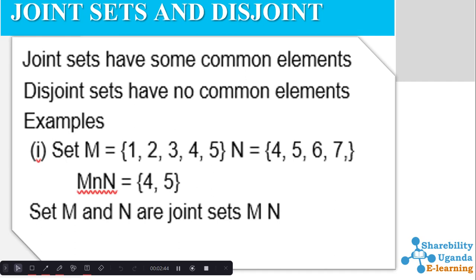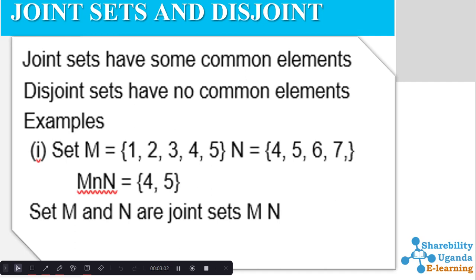So a joint set is a set having some common items. You can say common elements, common objects, common members, all remain the same.